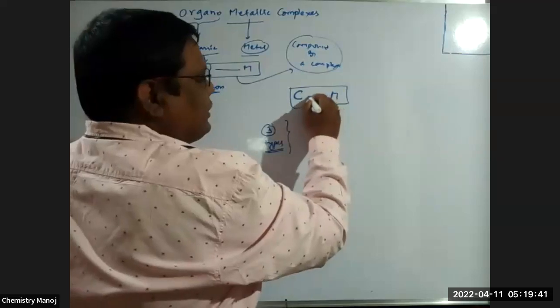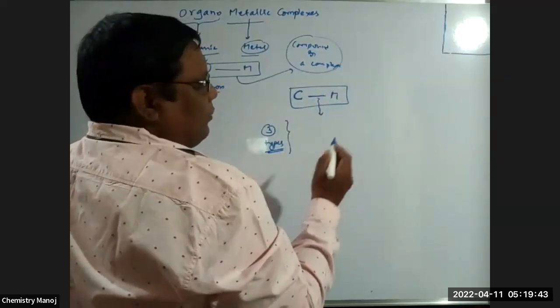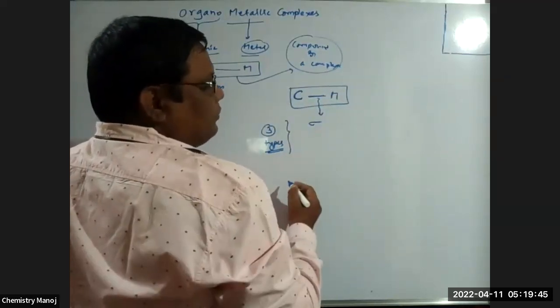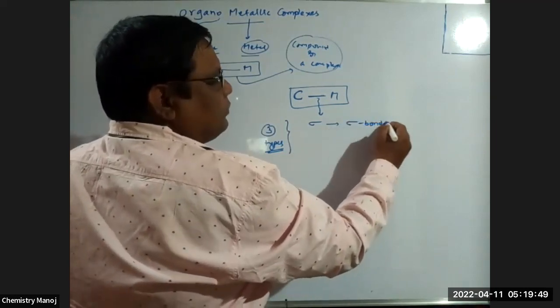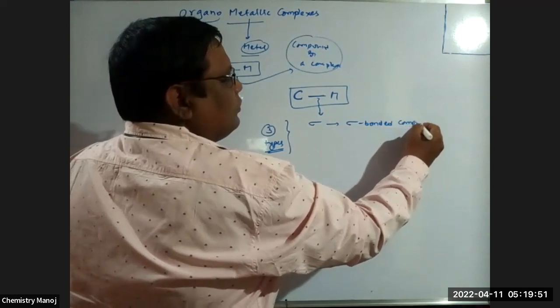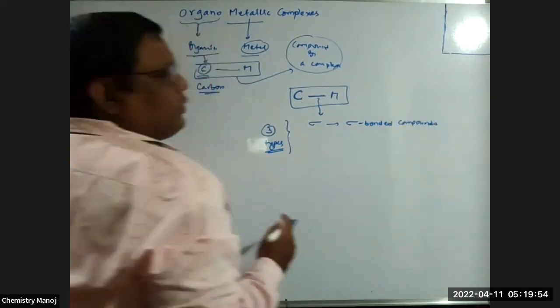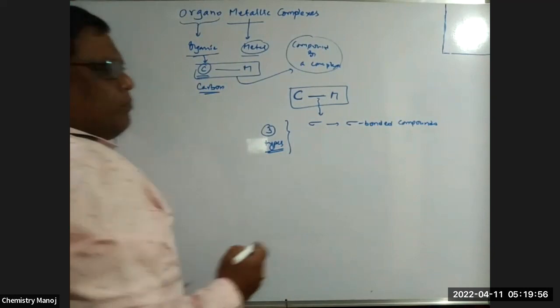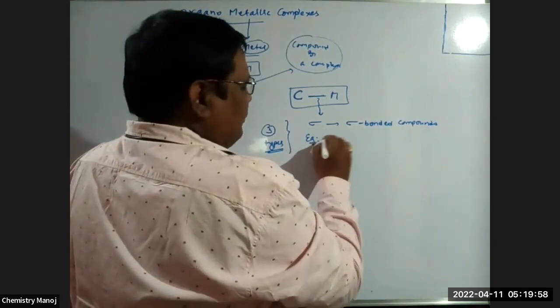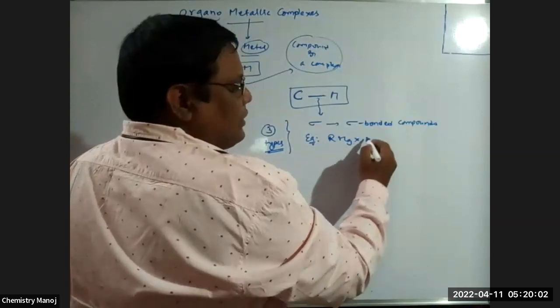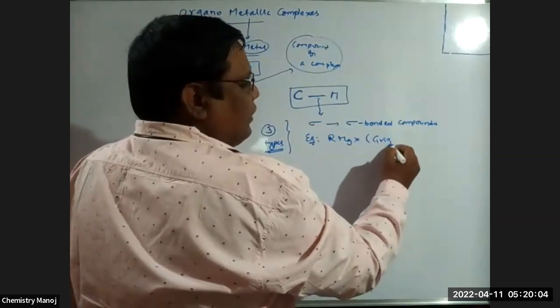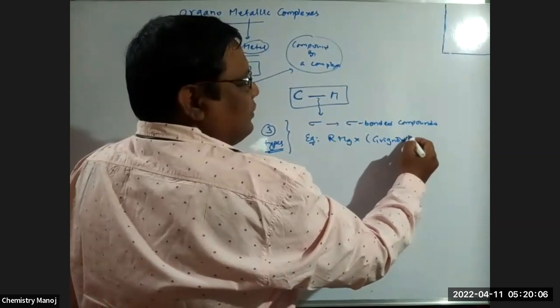If the bond between metal and carbon is a sigma bond, those are sigma bonded compounds. Best examples, my dear: RMgX, alkyl magnesium halide, nothing but the Grignard reagent. Am I correct? Grignard reagent.